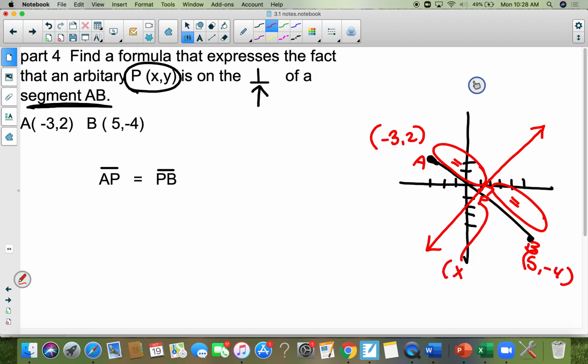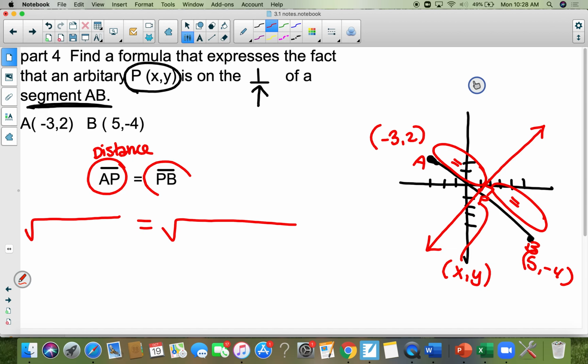So what we need to do is the distance formula on both sides, because we're going to find the distance from A to P and the distance from P to B and set them equal to each other, because they have to be equal, because it's supposed to be the perpendicular bisector.